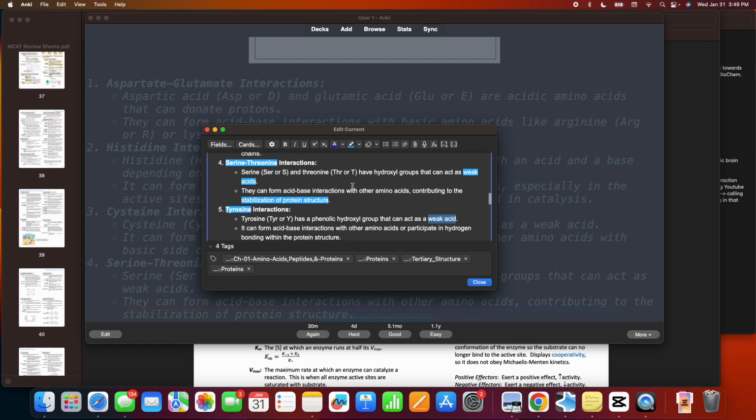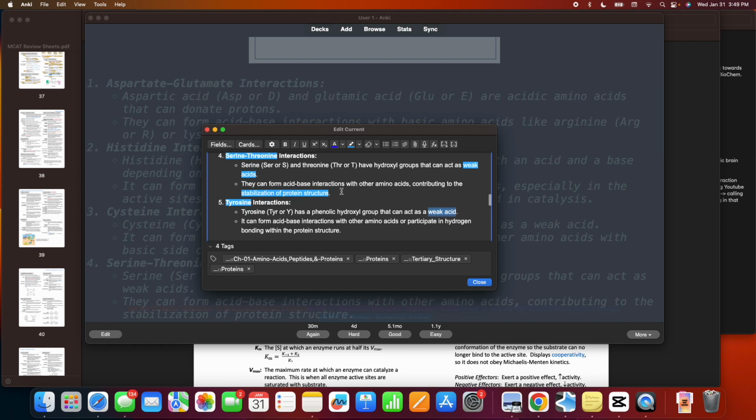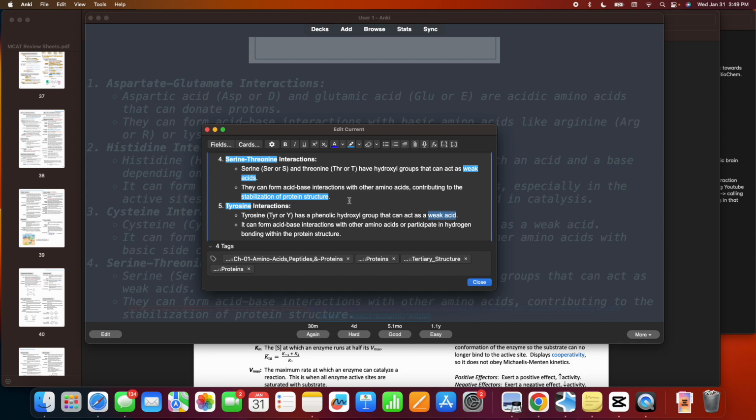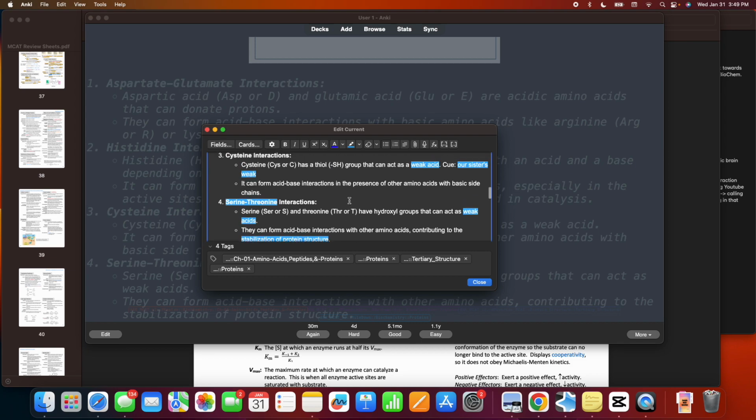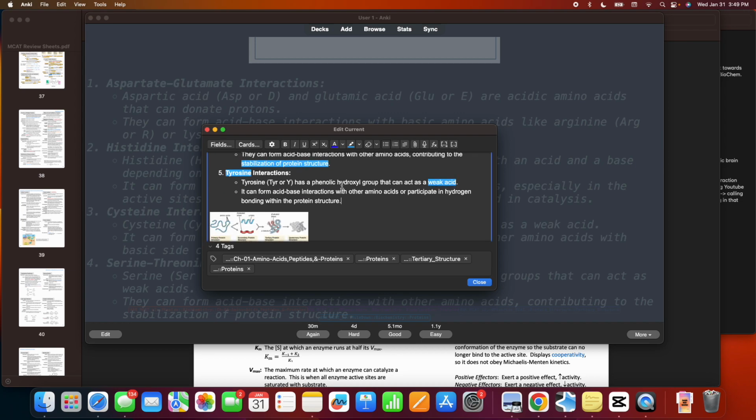Cysteine, serine, threonine, tyrosine. Hydrogen bonding within the protein structure with tyrosine.